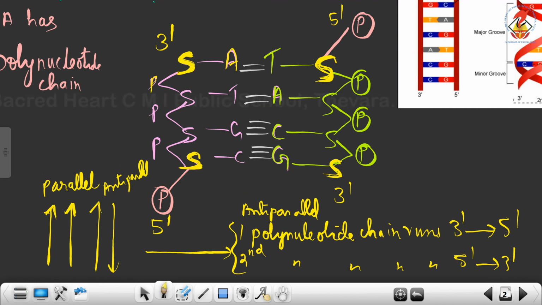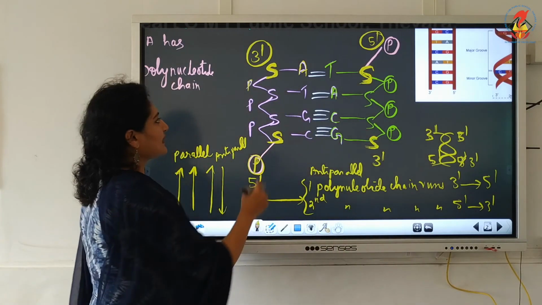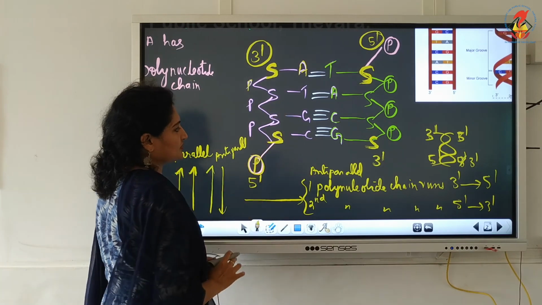But here, be careful: adjacent to 3' on the top it should be 5', and at the bottom, adjacent to the 5', it should be 3'. No 3', 3' together or 5', 5' together of both the strands. If one strand is running in the 3' to 5' direction, the other strand should be running in the 5' to 3' direction. That arrangement is known as anti-parallel. I have indicated it in the form of the structure. Clear?